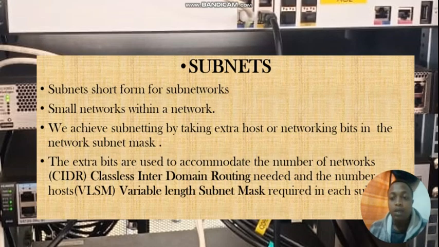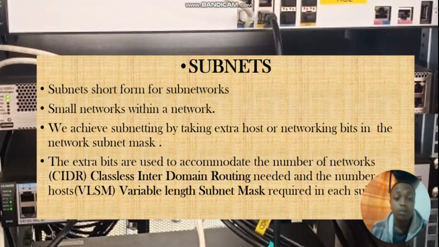Now let's talk about subnets for a short while, though we talked about this in the previous video. Subnets is a short form for subnetworks, and this means small networks within a network, and we achieve subnetting by taking extra host bits or networking bits in the network subnet mask.